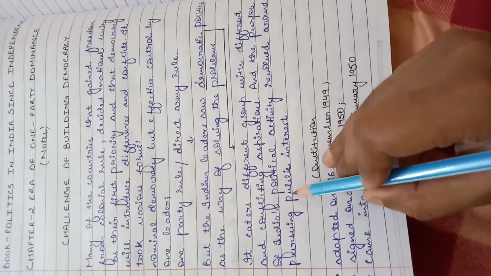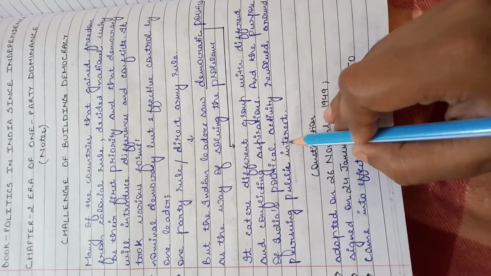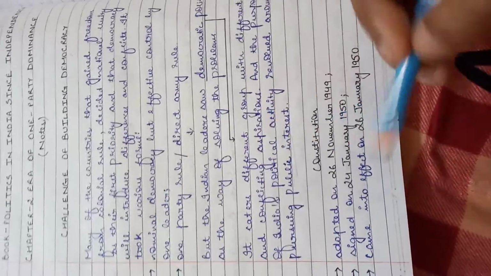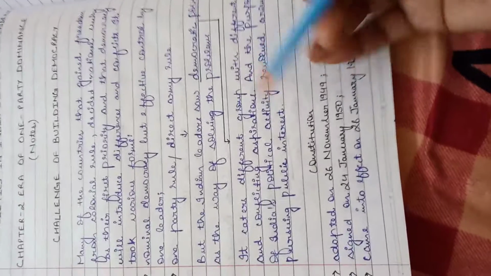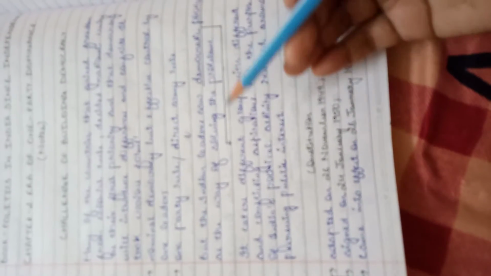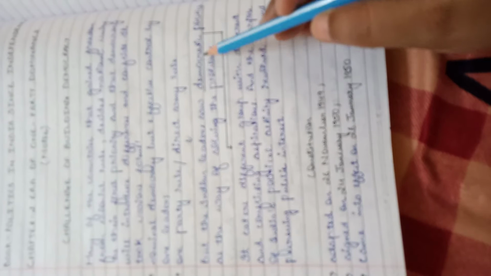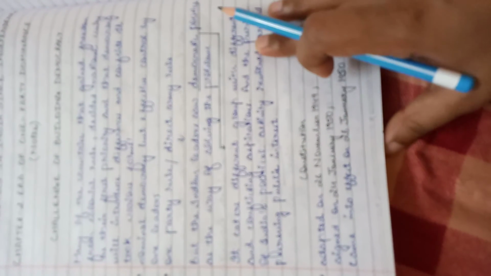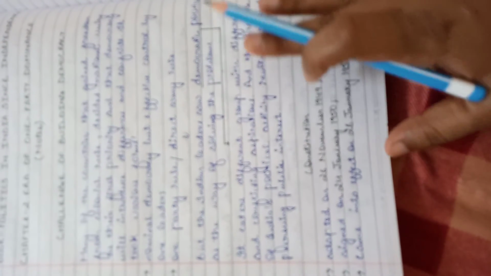So public interest has a very important place. In India, the major motive was to pursue public interest. That is why the leaders of India always felt that democratic politics is one such good example in order to resolve all the conflicts.